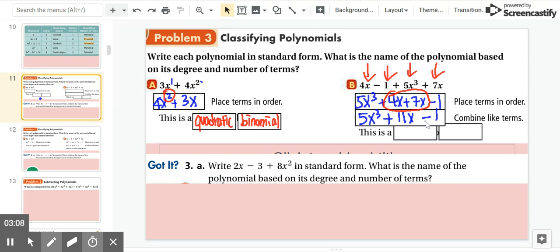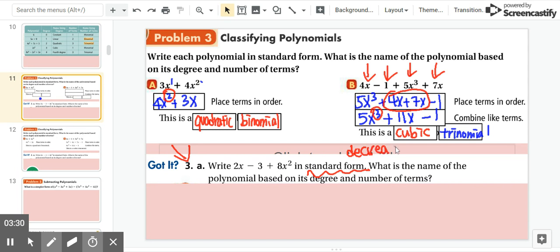How many terms do we have? We have 3 monomials. It's called trinomial. And it's to the third power, so it's a cubic trinomial.